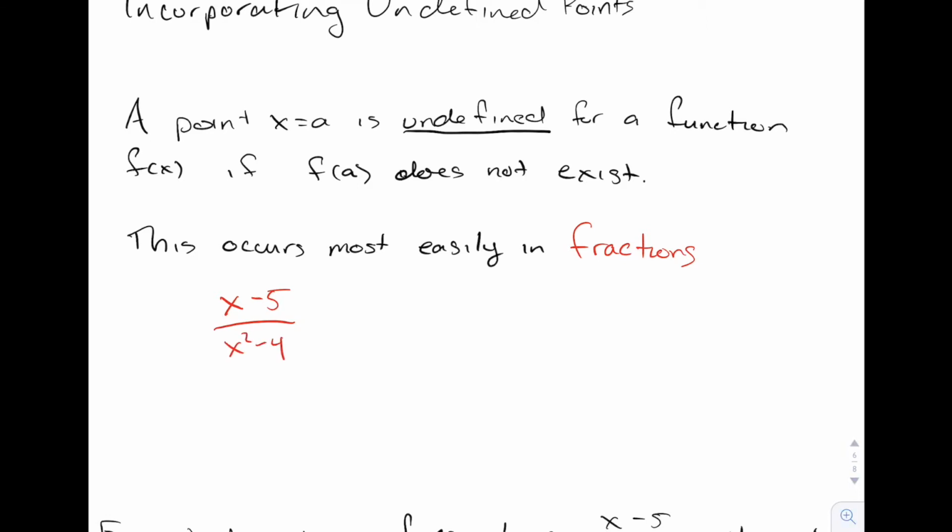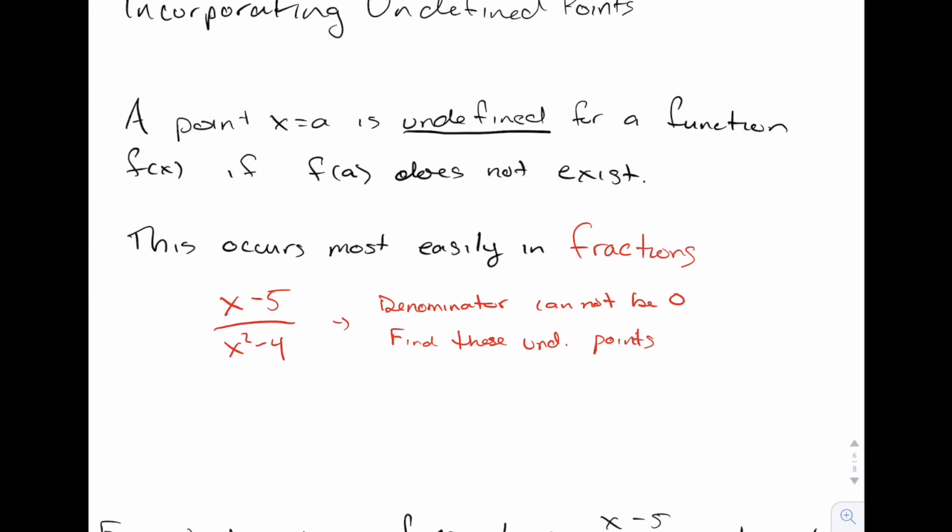The one thing we know with all fractions is the one thing we can't have is the denominator cannot be 0. So what we want to do is find these undefined points.